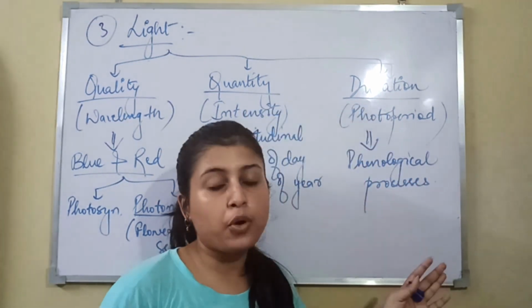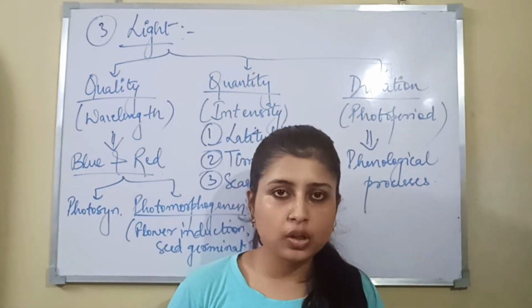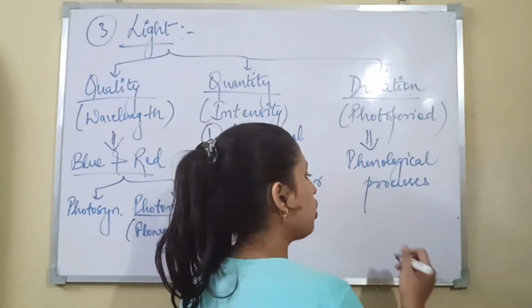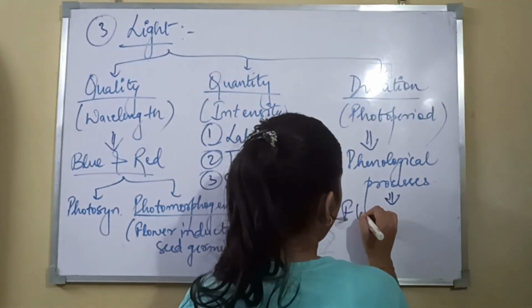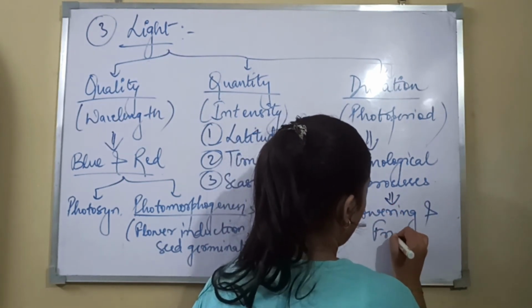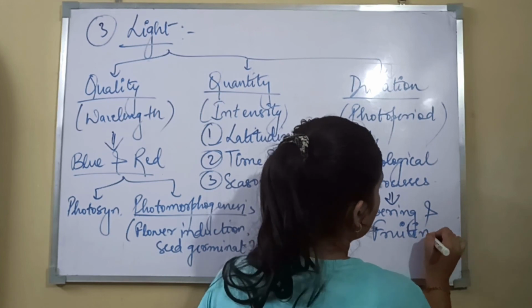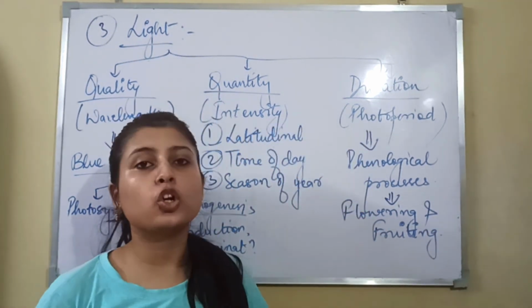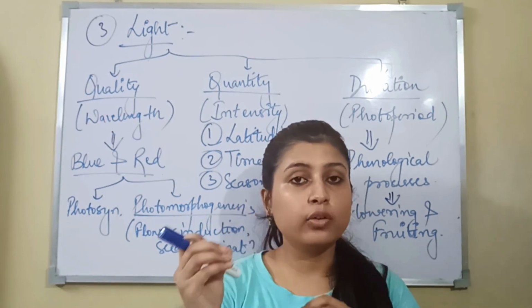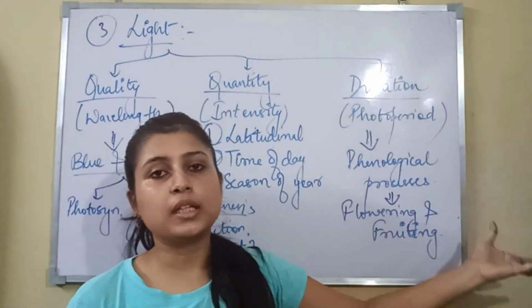It is also a very important cue for the animals that I have told you earlier. So what are these phenological processes? Phenological processes means flowering and fruiting. Okay? So flowering and fruiting are the phenological processes which are regulated by this photoperiod.